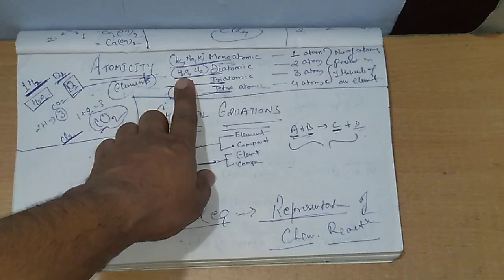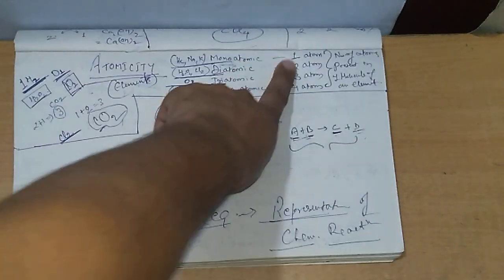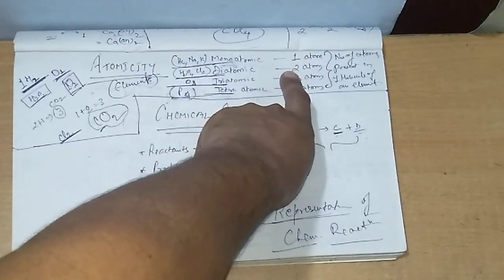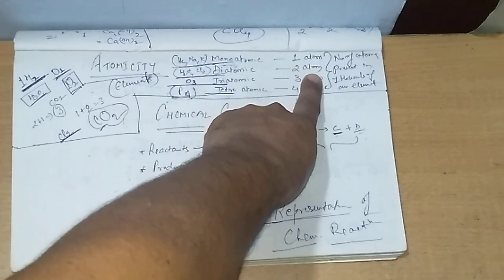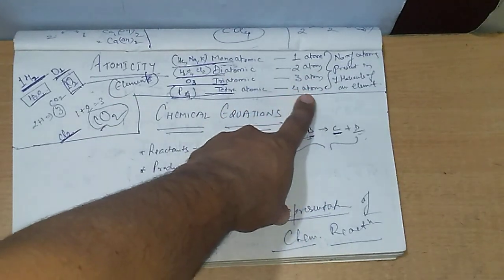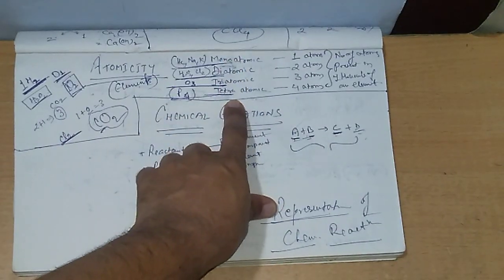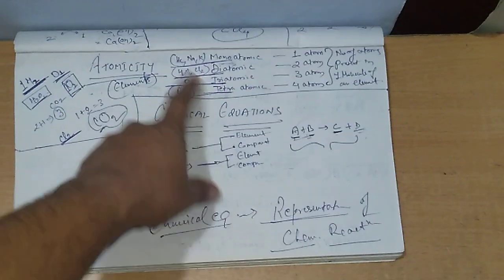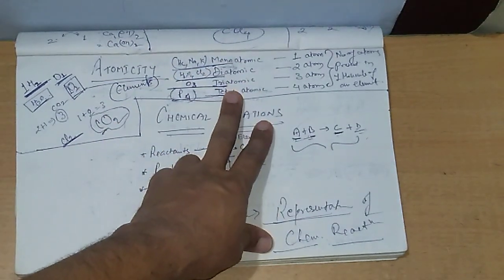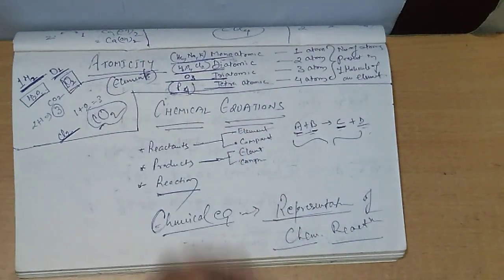Atomicity could be of many types. One atom is called monoatomic, two atoms diatomic, three atoms triatomic, and four atoms tetraatomic. These are the names given to the elements on the basis of their atomicities, or how many atoms they have in their molecules in the stable state, clear.